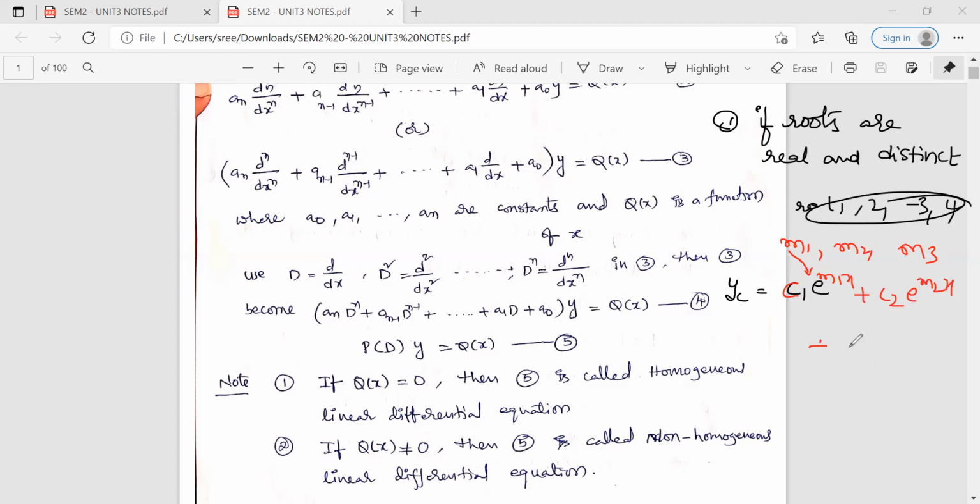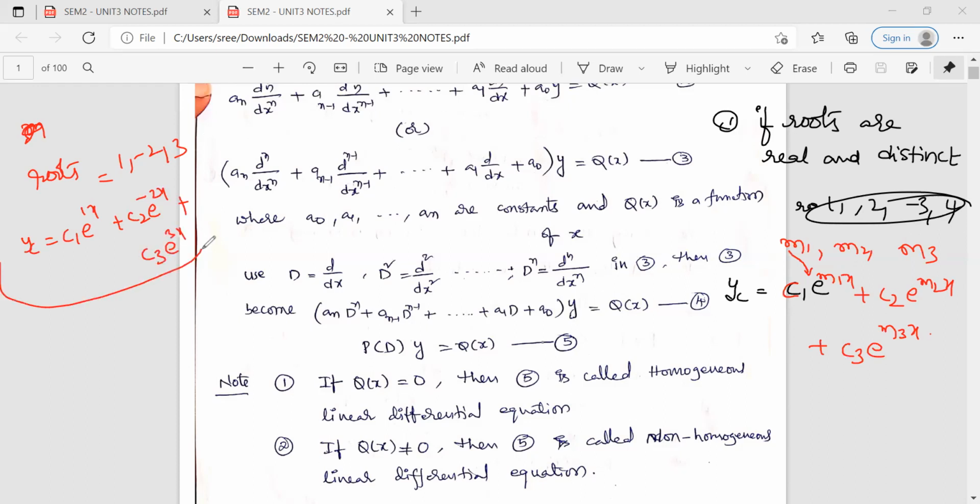Every time we write a constant, and after that e power the root times x. Tell me, if roots are 1, minus 2, 3, then what is YC? C1 e power 1x, C2 e power minus 2x, plus C3 e power 3x. This is the YC. Very simple.